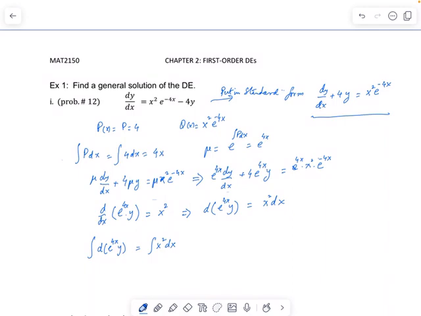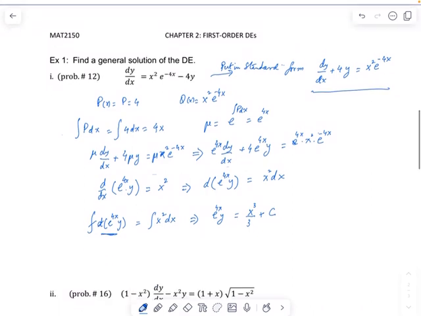Now when we integrate, we don't distribute this, we leave it as it is, because d and the integral cancel each other. So on the left hand side I am getting e to the 4x times y equals, on the right hand side I will integrate, so it will be x cube over 3 plus c.